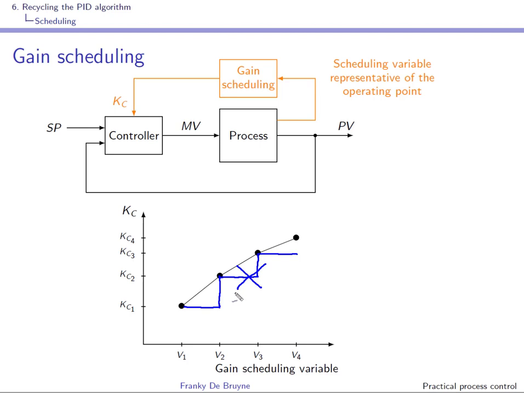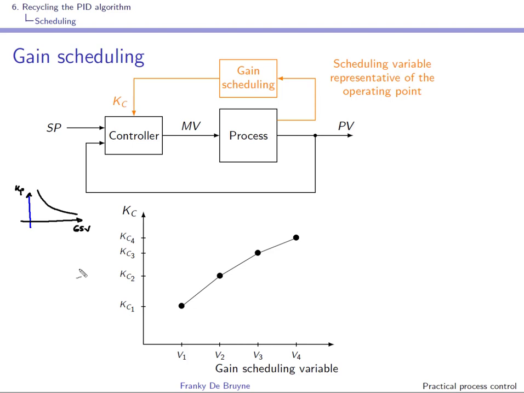Note that in the example of the preheating furnace, we had found this relation here between the gain scheduling variable and Kp from physics, right? In some cases, it's difficult, impossible to find this relation by looking at equations.